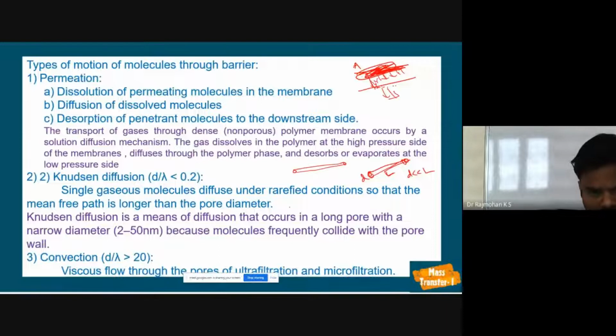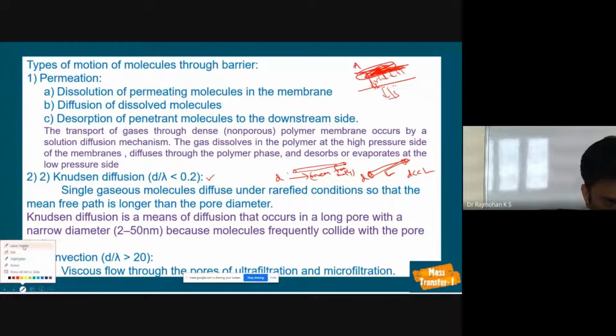Under this condition, when the diameter is very small, in the range of the mean free path, which is what? It is close to the mean free path, and we get a diffusion called Knudsen diffusion.